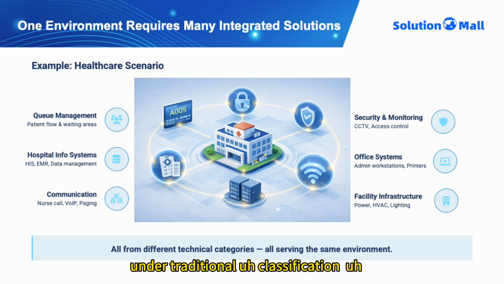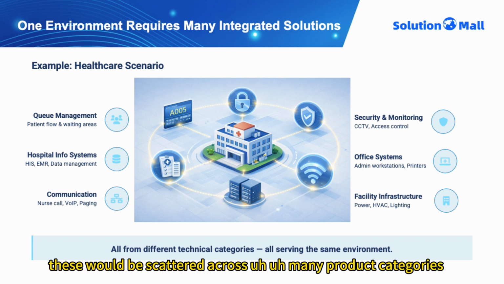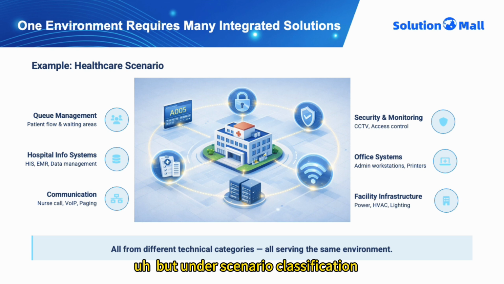Under traditional classification, these would be scattered across many product categories, but under scenario classification, they appear together. The moment a customer enters the healthcare scenario, they see the entire solution ecosystem.